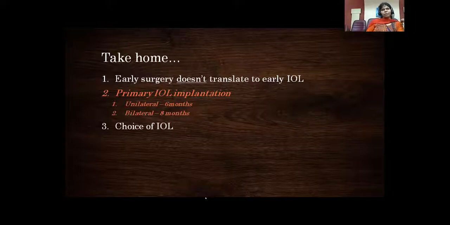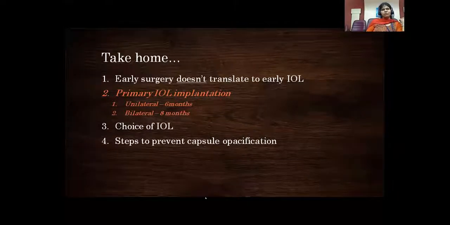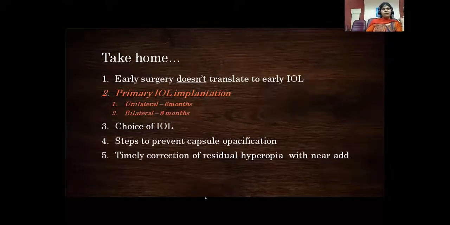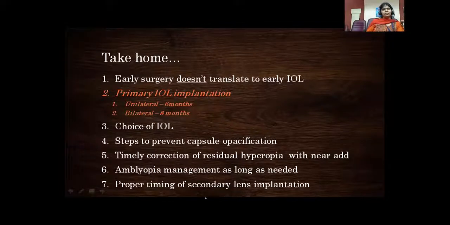Choice of IOL poses a challenge. Steps to prevent capsule opacification are mandatory depending on the age, at least up to the age of 8 years. And timely correction of the residual hyperopia with the near add, lifelong, is very important. Amblyopia management, as long as indicated, goes hand in hand with management. And proper timing of secondary IOL implantation, if the child was aphakic, is very important.